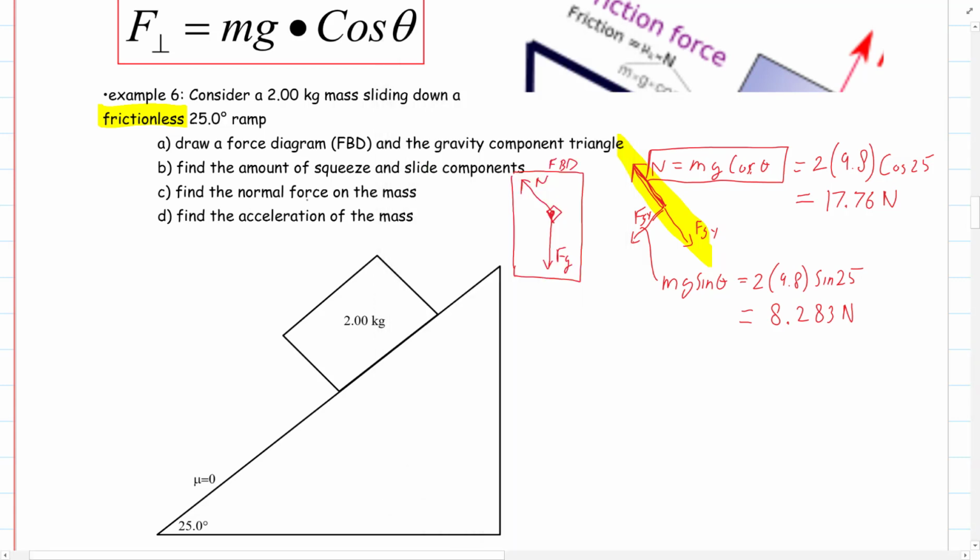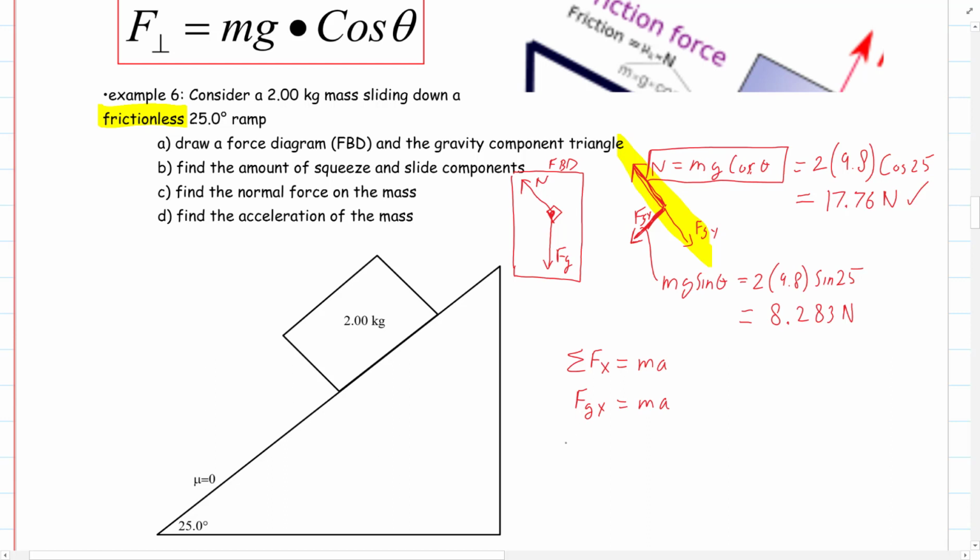Find the normal force on the mass. We've done it. Find the acceleration of the mass. Ooh, that's going to be a different one. The sum of the forces in the x direction is equal to ma. And we found out that the only one in the x direction is 8. So that's going to be the force of gravity in the x is equal to ma.